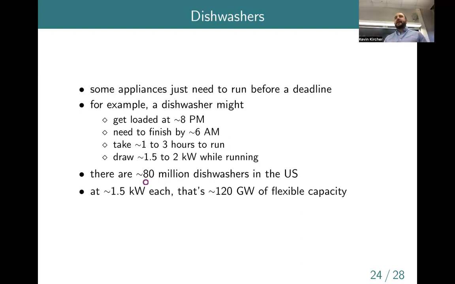It's about 110, 120 million homes, and that includes apartments and condos as well as single family houses. But not all of them have a dishwasher, though I don't know, 70% or so do. So at 1.5 kilowatts each, if these things all ran at the same time, that would be 120 gigawatts of flexible capacity. So 120 nuclear power plants.